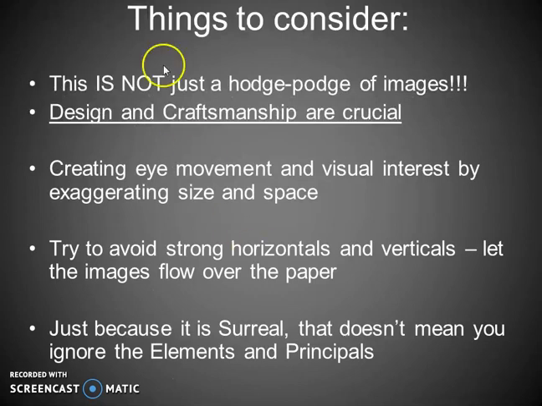When we look here, again, not just a hodgepodge of images, design and craftsmanship will really be important. We really still want to consider eye movement and exaggerated size. Really try to avoid strong horizontals and verticals. We want to have strong visual movement. And just because it's surreal and kind of crazy, that doesn't mean that we're ignoring everything that we've learned so far with the elements and principles.